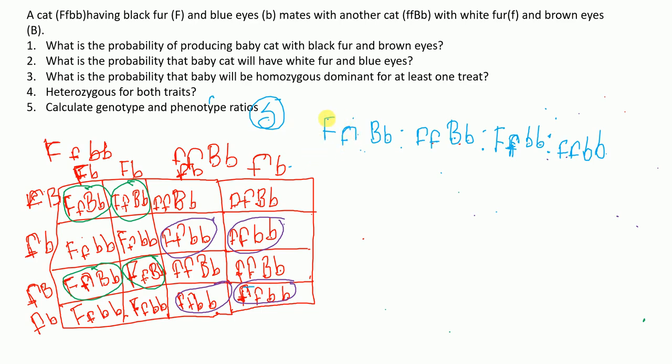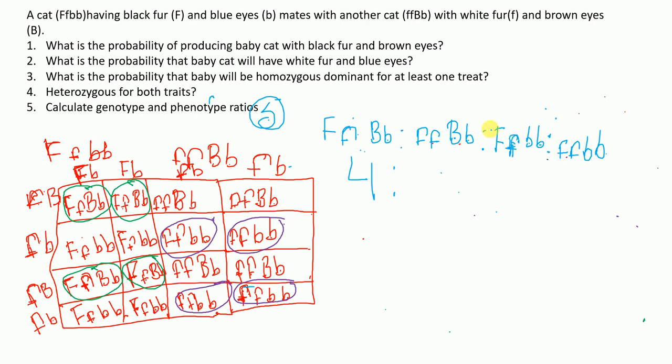So in how many cases do I have capital F, capital B, small b? Actually 4. And small f, capital B, small b, also 4.